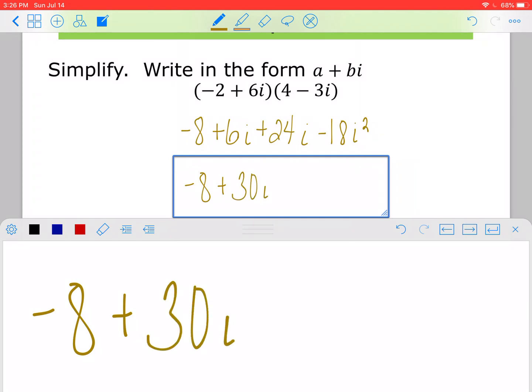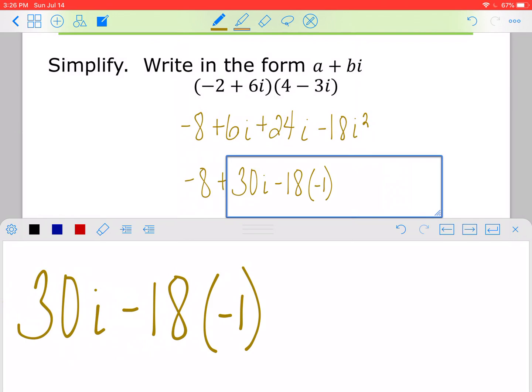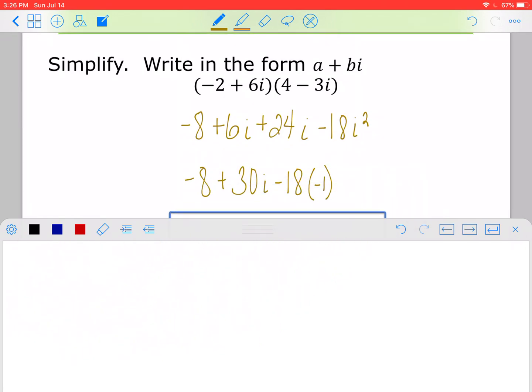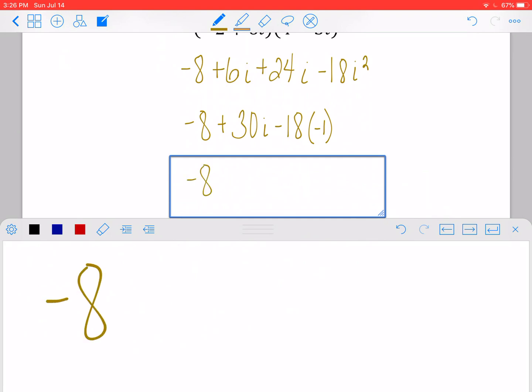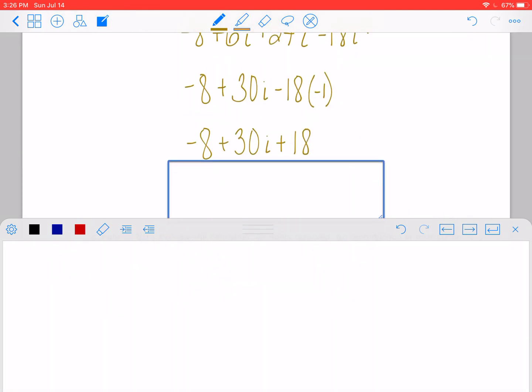So we've got this now, plus 18. And now you can add the negative 8 and the 18 to get 10, plus 30i, because a plus bi, we've got to have the i on the second part. So 10 plus 30i, and that's your solution.